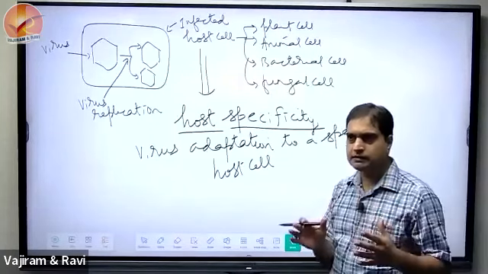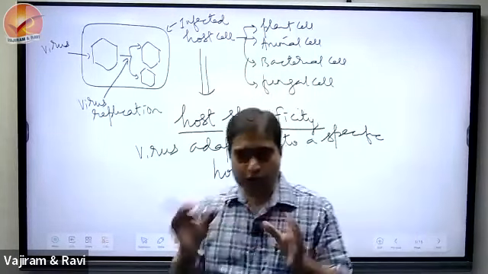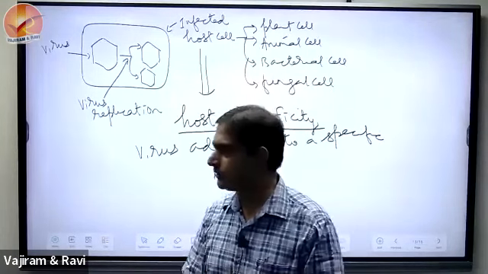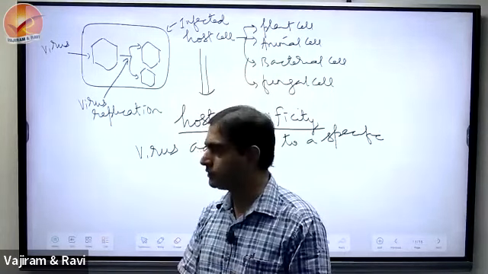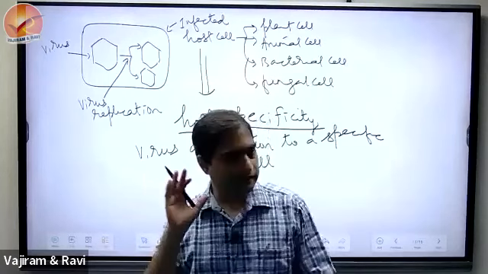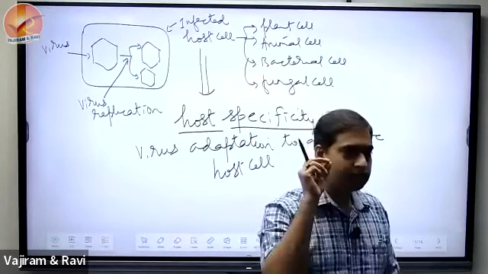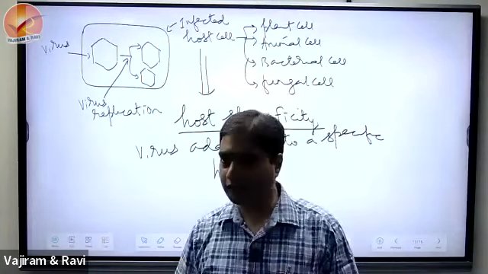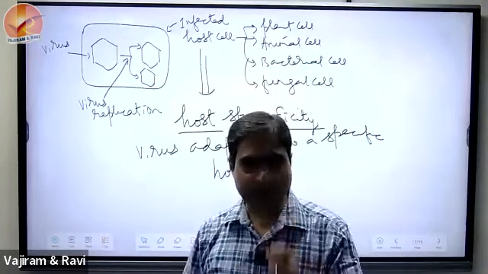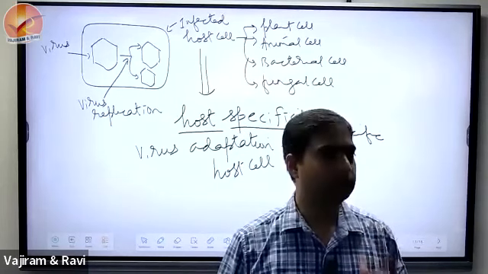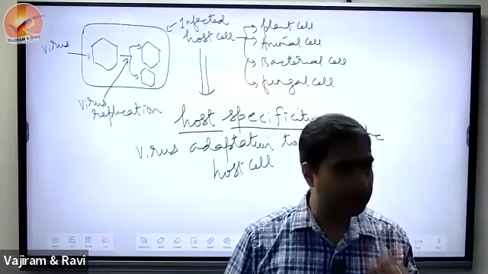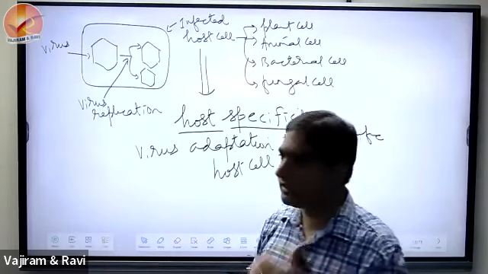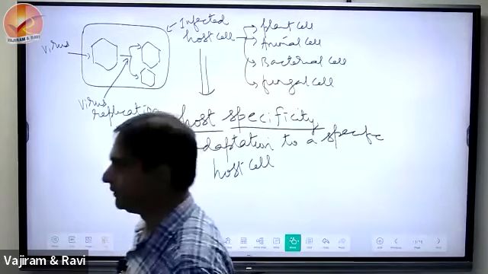So this means there is something over the host cell that the virus can recognize, to attach, to stick to the host cell. So the virus is first sticking to the host cell. So to stick to the host cell, there must be some biological identity of the host cell which the virus is able to identify, to which it is attaching, entering, and then multiplying.